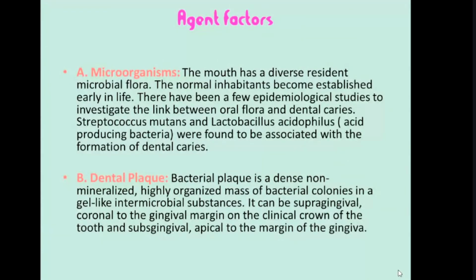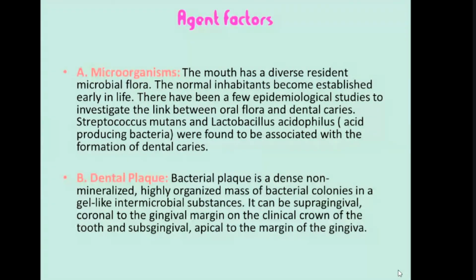So also we have the dental plaque. We talked about it. We said the bacterial plaque is a dense, non-mineralized, highly organized mass of bacterial colonies in a gel-like intermicrobial substance. It can be supragingival. Supragingival يعني تعرفون شنو supragingival؟ وعندنا مصطلحين، عندنا supragingival وعندنا subgingival.